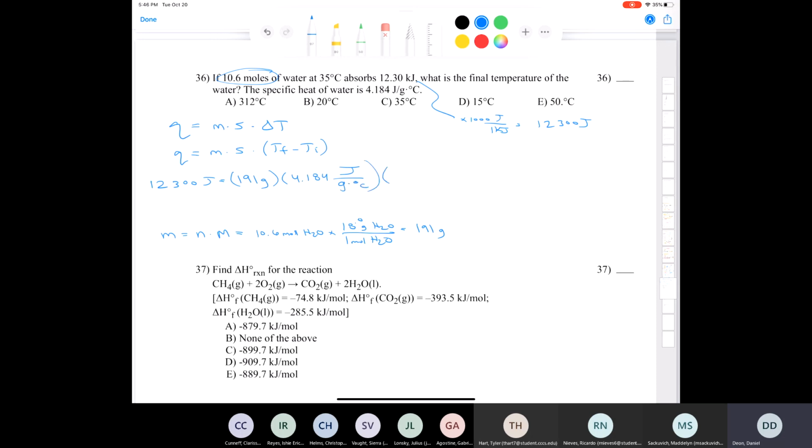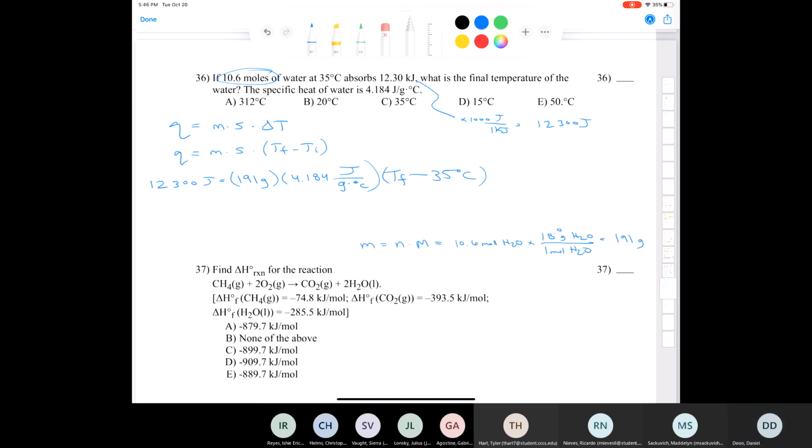Then I have my TF, that's what I'm looking for. Subtract my T initial, which is 35 degrees Celsius. So when I take 12,300 and I divide it by 191 times 4.184, I get 15.4 degrees Celsius. 15.4 degrees Celsius is equal to TF minus 35 degrees Celsius.